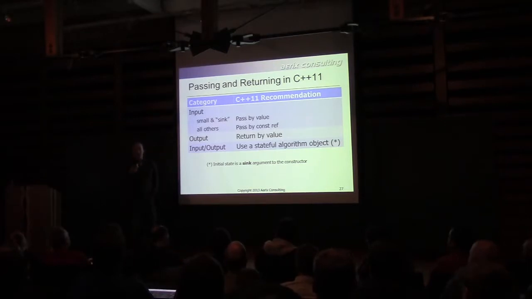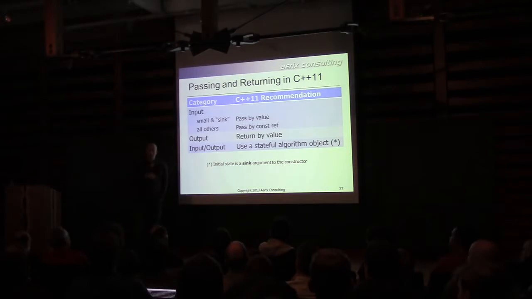The question was, if you have an input-output parameter, transform that algorithm into an object, and that input-output parameter becomes state in that object. Okay? And you return that as well. And yes, if that state is interesting after the algorithm completes, then you can return it. You can either move it out, you can copy it out, whatever you want. Okay?